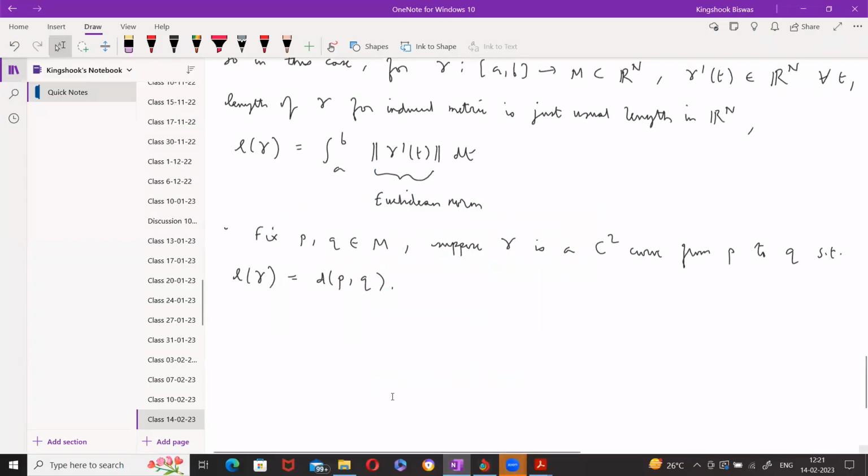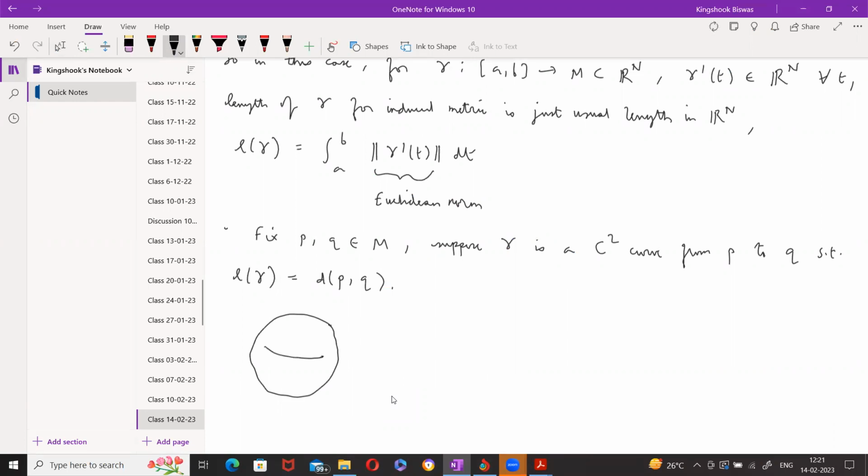So let's derive this geodesic equation, which any length minimizing curve has to satisfy. Say we have, this is our manifold sitting inside R capital N, and we have a curve gamma.